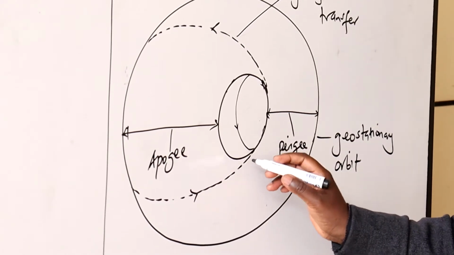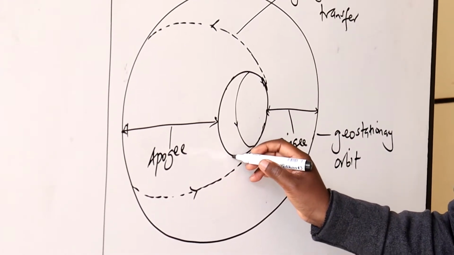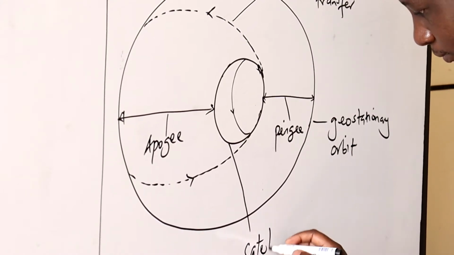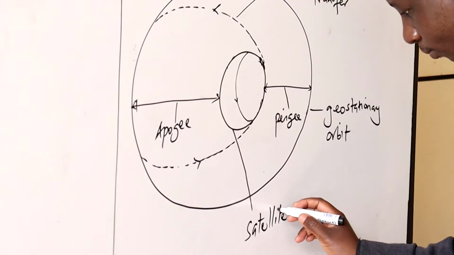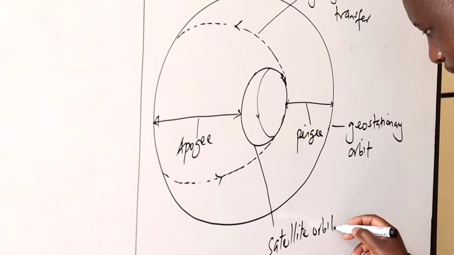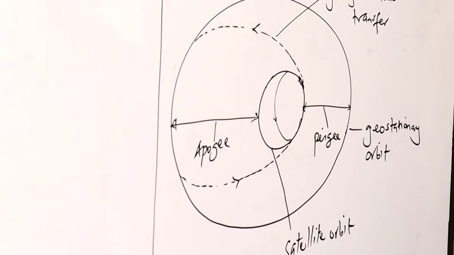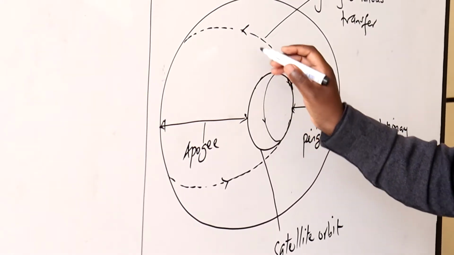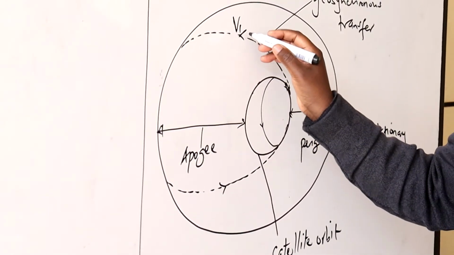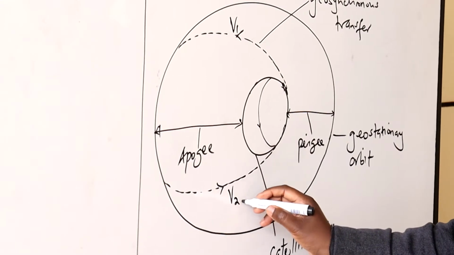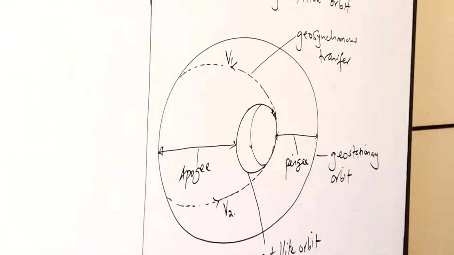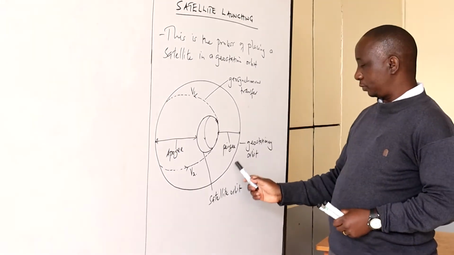So this we have as the satellite orbit. Satellite orbits, and we have the velocities required: velocity 1, velocity 2. When you look at this diagram, this is the satellite and this is the geostationary orbit.